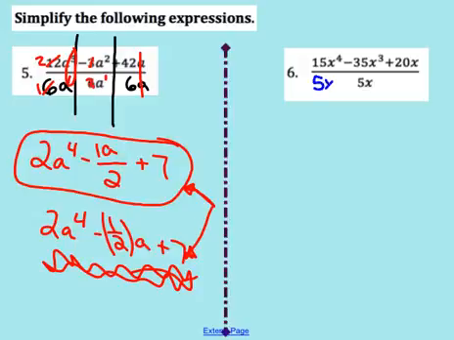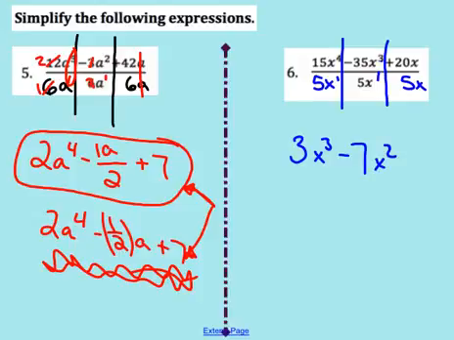Alright, so 5x. So we need to do 5x to everything. And so I usually draw this in here so my signs stay the same. 15 divided by 5 is 3. X to the 4th minus 1 would be x to the 3rd. 4 minus 1 is 3. I would keep that minus. 35 divided by 5 is 7. So then now you have 3 minus the 1 would be x squared plus 4, because x is canceled there.